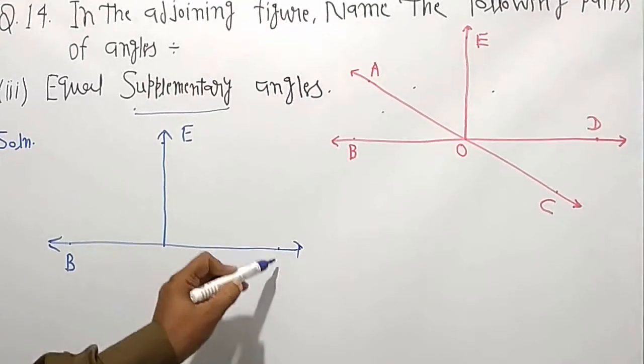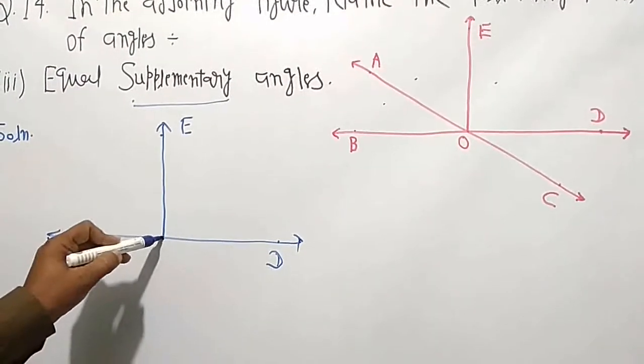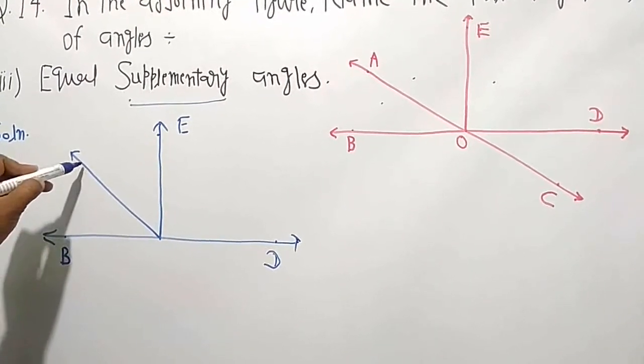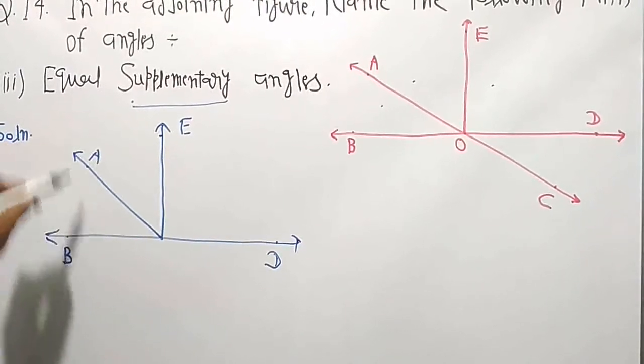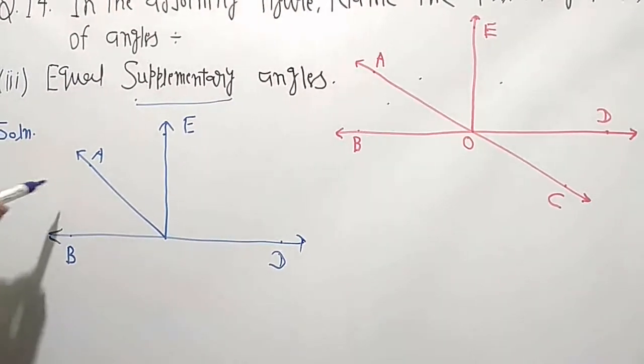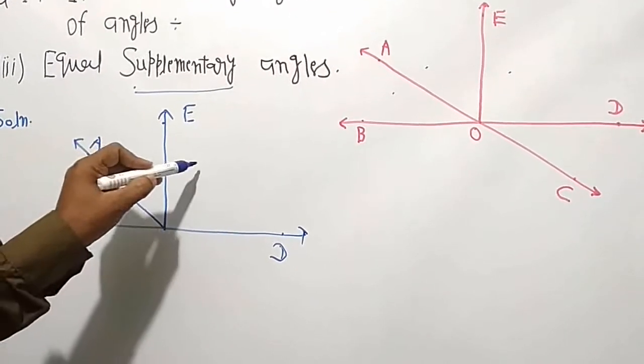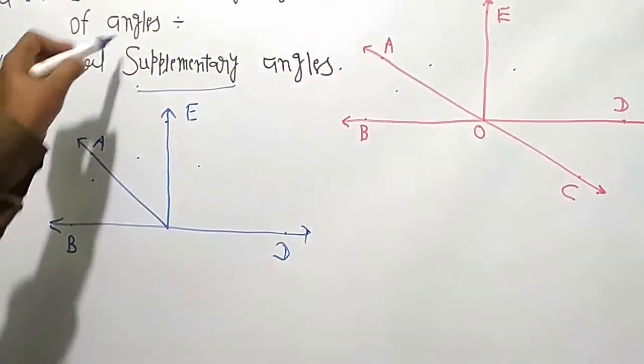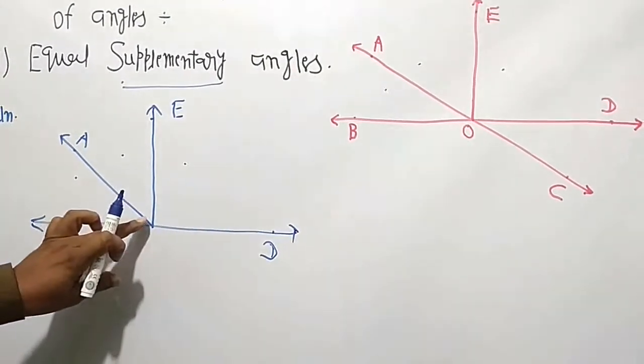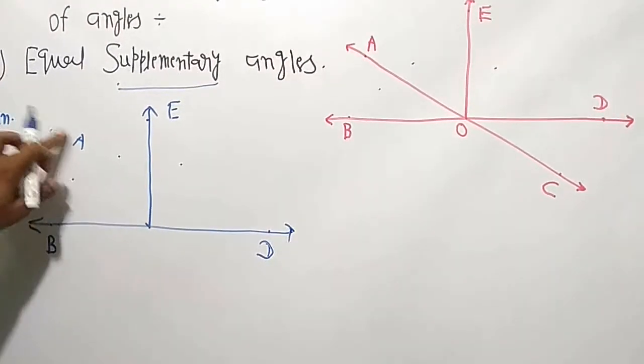This is the figure in which this angle is also there. When we observe, this is our angle 1, this is our angle 2 and this is our angle 3. But for the supplementary angles we need only two angles, so we can erase this.